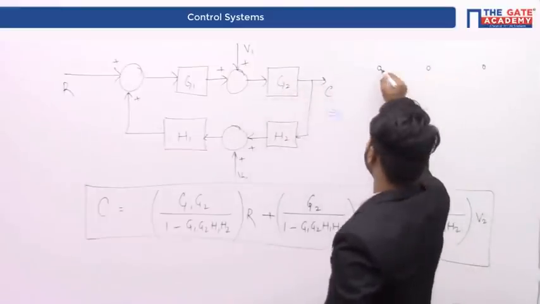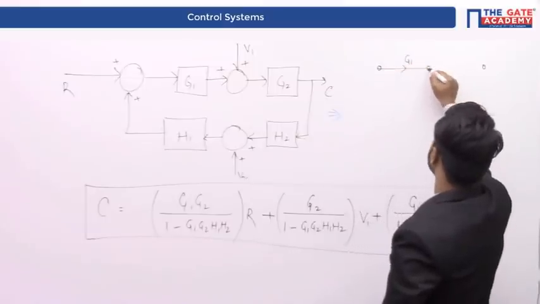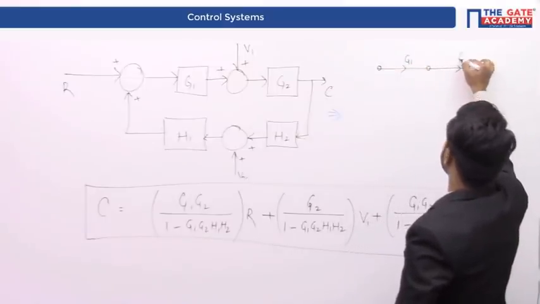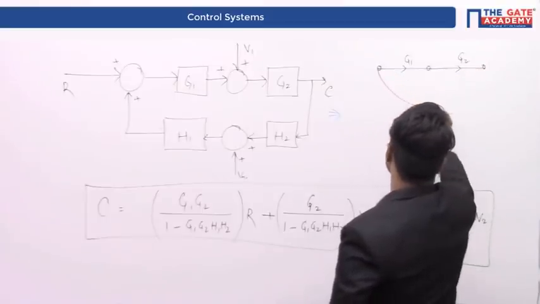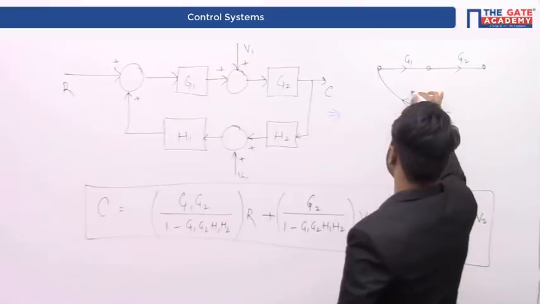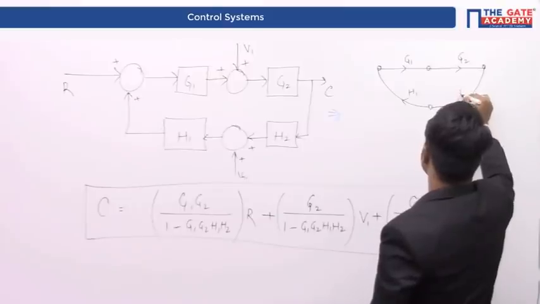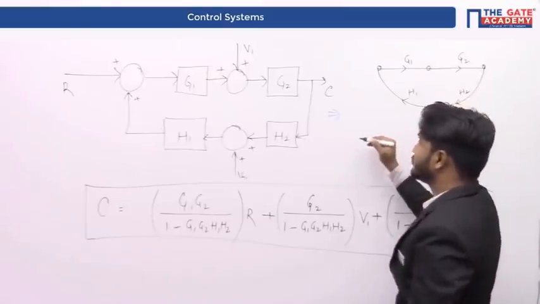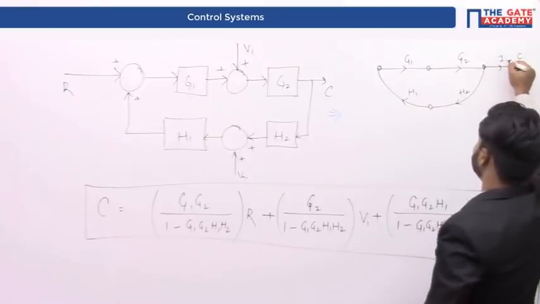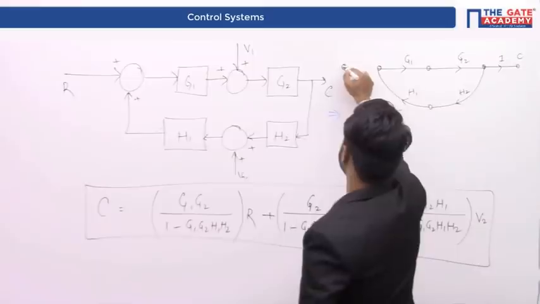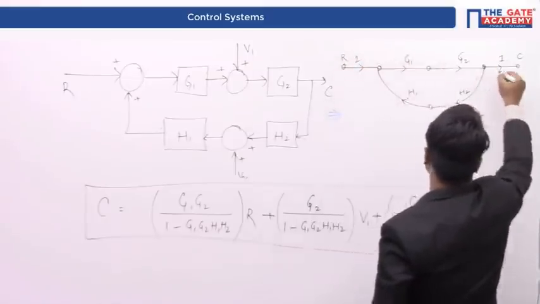Now I have to join each and every node: G1 will be the gain for this, G2 will be the gain for this, this is H1, and from here we are getting H2. So this is the output C, whereas this is the input R, and these are unity gain branches.